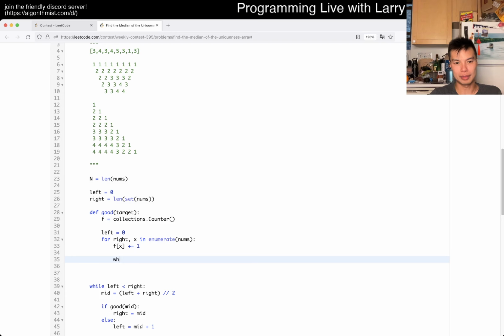Something like, oops. Is it greater than or equal to? I'm always so bad at this. If it's equal to, now you want, no, yeah, it was equal to.